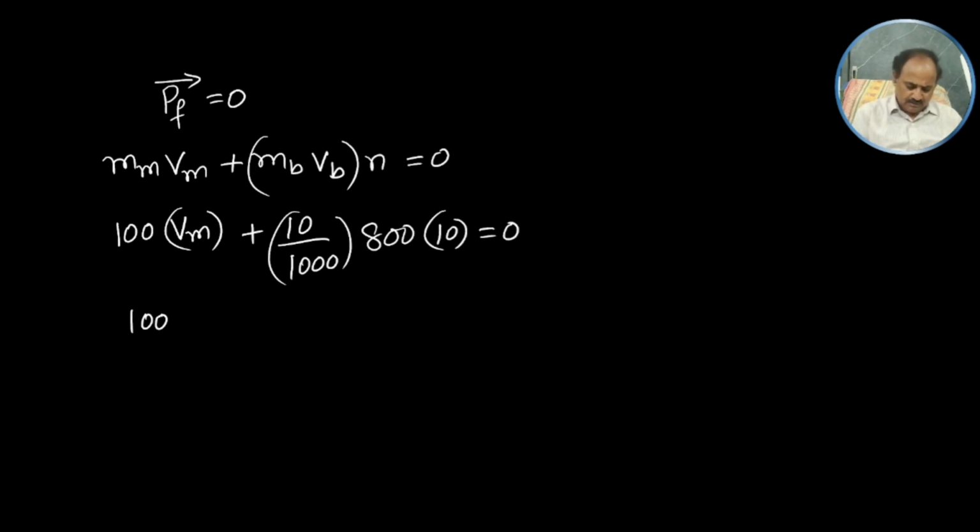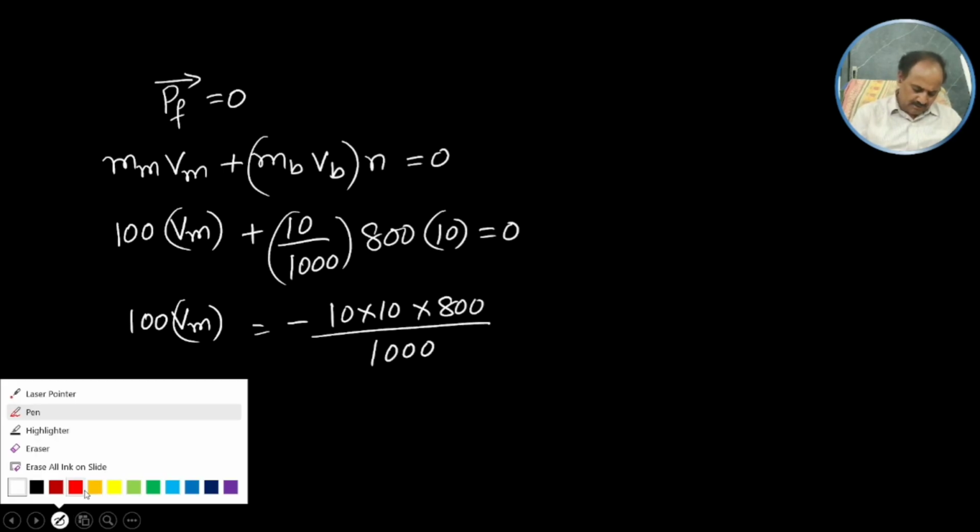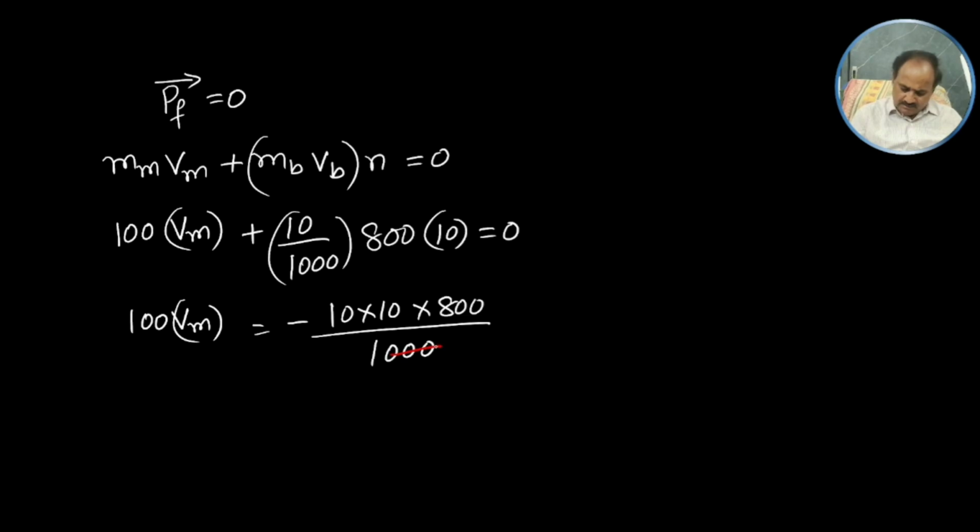From this, 100 into velocity of the man is equal to minus 10 into 800 divided by 1000. Here I can cancel these three zeros. Finally, it is equal to minus 80.